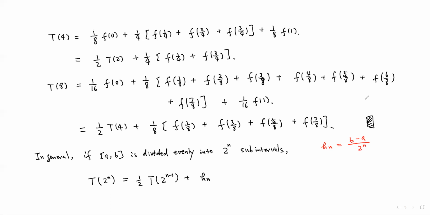Then summation i from 1 to 2^(n-1) of f(x_i), where x_i is a plus (2i minus 1) times h_n.